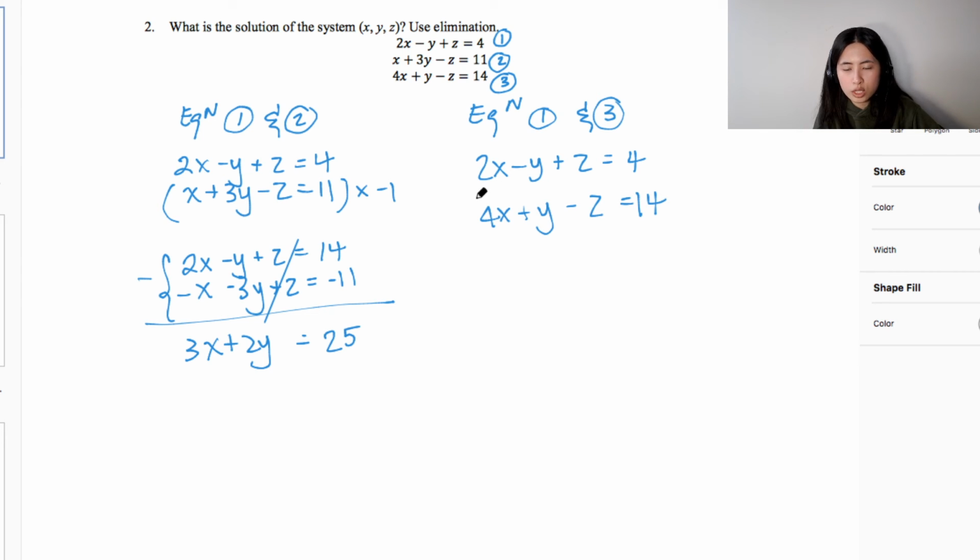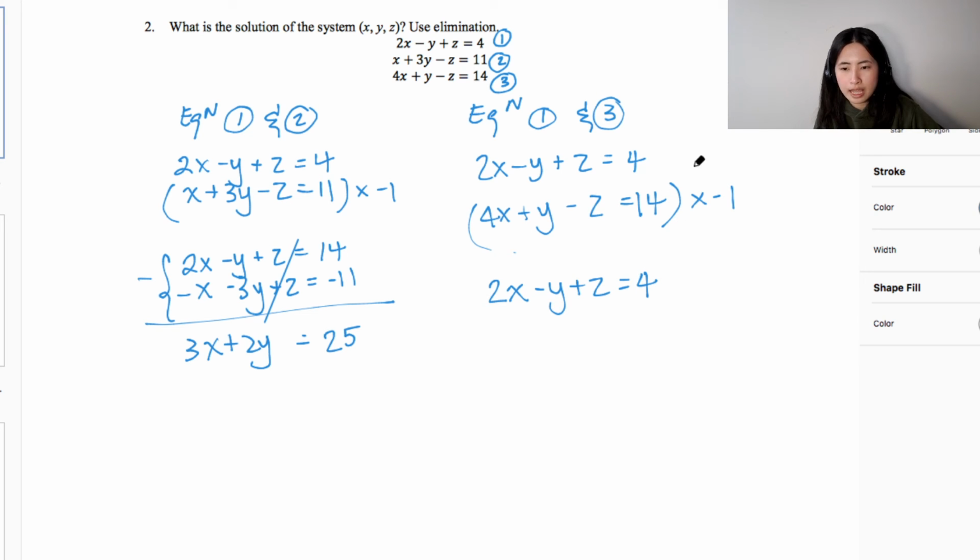So when I subtract the two, again, you need to multiply your second equation with -1 so that when you subtract the two, you get just one variable, right? So I'm going to modify this and multiply this by -1. So just copying what I have for equation 1, that's 2x minus y plus z, and that's equal to 4, right?